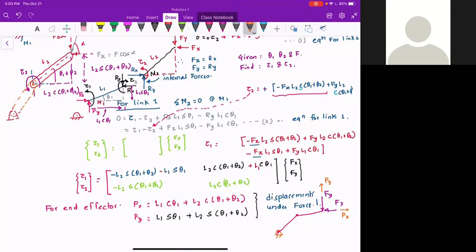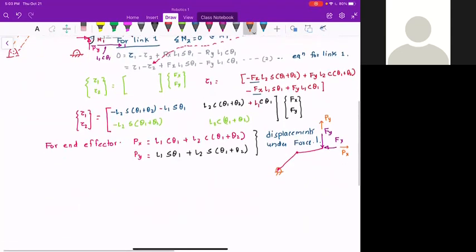So what I'm going to do is find the Jacobian, or the derivative. Let me write this derivative.